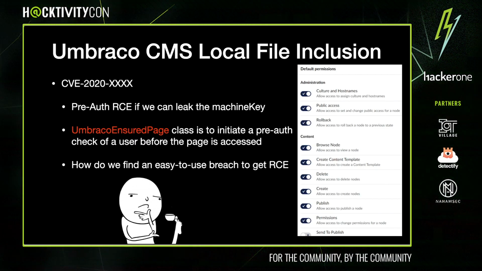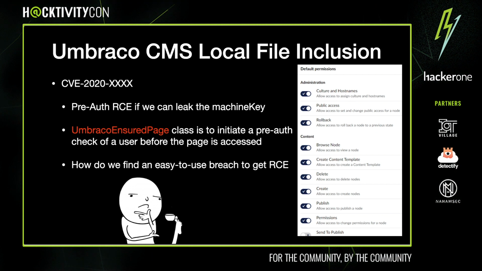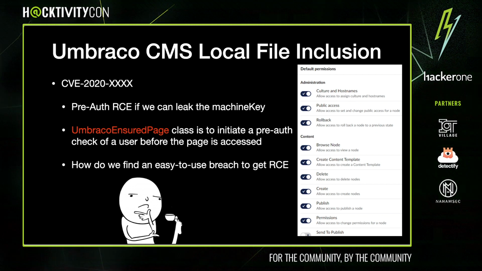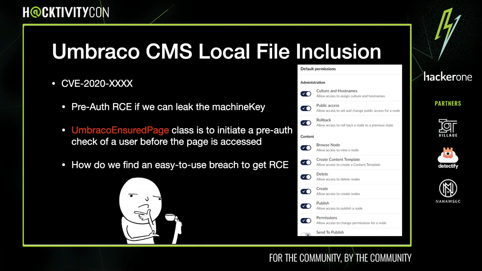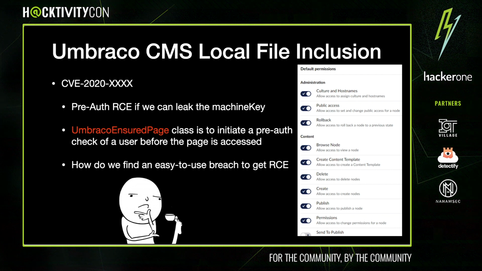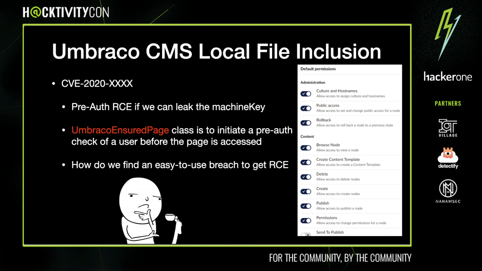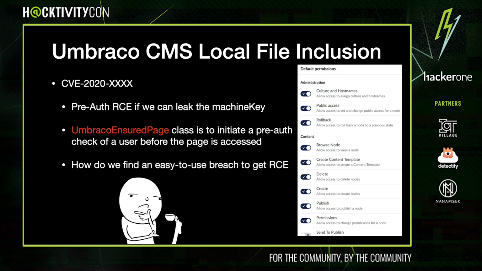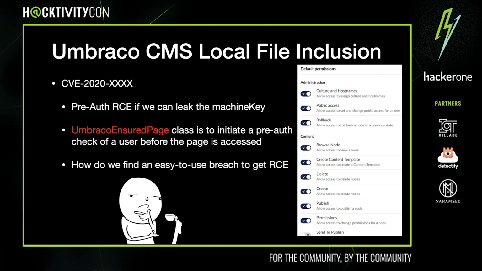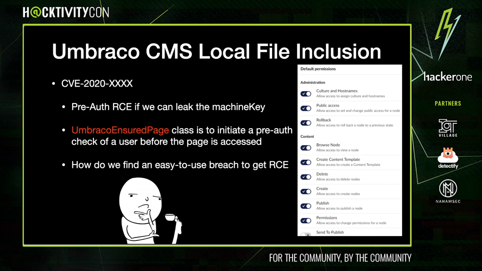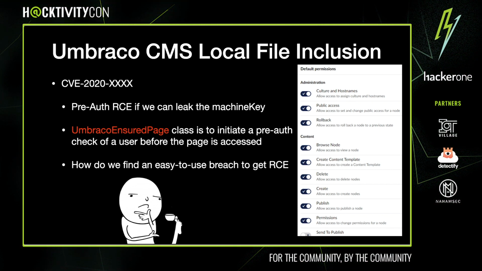So let me take the Umbraco case as an example one more time. I said that I found a local file inclusion issue that affects ClientDependency from version 1.8.2.1 to 1.9.8. Nevertheless, in order to achieve remote code execution, we need to find an entry point, but it doesn't require us to be authenticated.